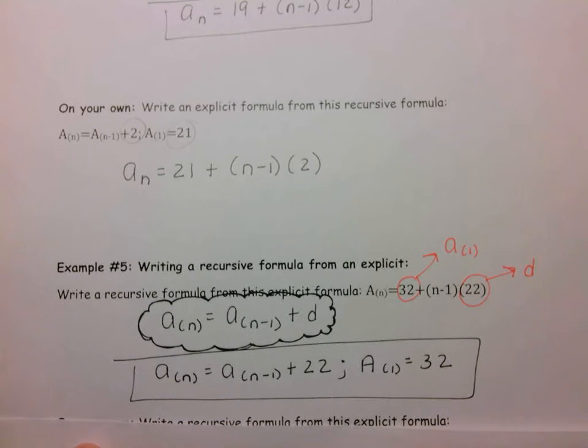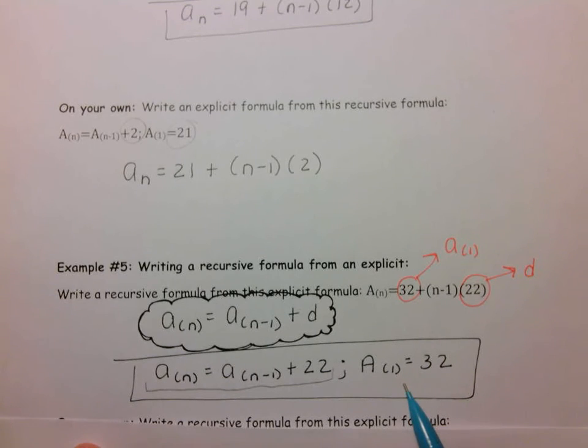I want to write a recursive formula from an explicit formula. So here's my recursive formula, and all I'm doing is grabbing the information from this explicit formula and putting it into my recursive formula. Here's a of 1, and here's my common difference. And so this right here is the recursive formula, and then all you have to do is communicate what the value of the first term is.